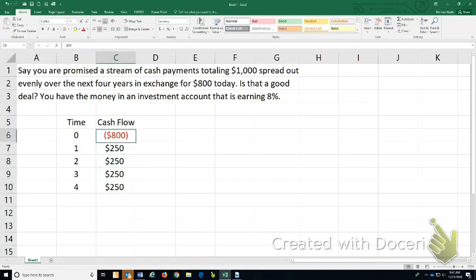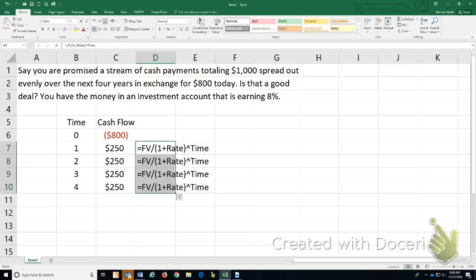If we were to take the present value of each of these using the simple present value formula, you take the future value, the payment you're going to get in the future, and divide it by 1 plus the interest rate raised to how long it takes you to get the money back. And we do that for each of these.